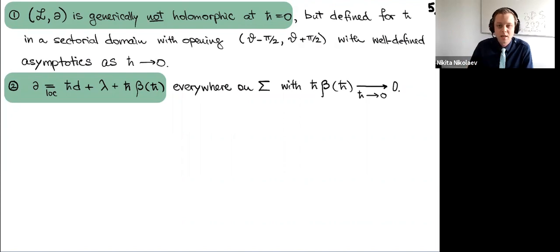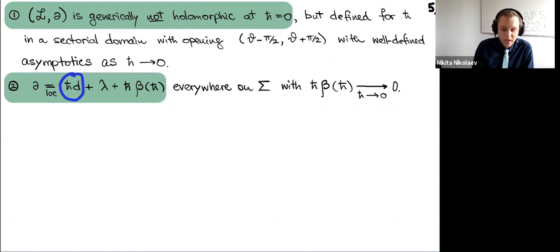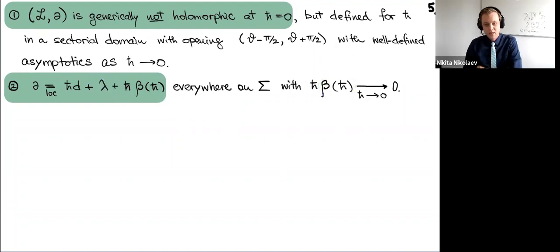You can always find a local generator of L in which my connection has this super cool form, which is just the usual H-bar de Rham differential plus the H-bar independent part, which is the canonical one form, and then something that is of order H-bar. And what's important is that this beta one form admits asymptotics as H-bar goes to 0. It may not be holomorphic at H-bar equal to 0, but its limit as H-bar goes to 0 is well defined. So this thing is of order H-bar, and it goes to 0 as H-bar goes to 0.